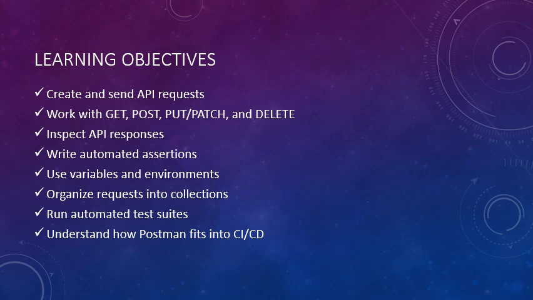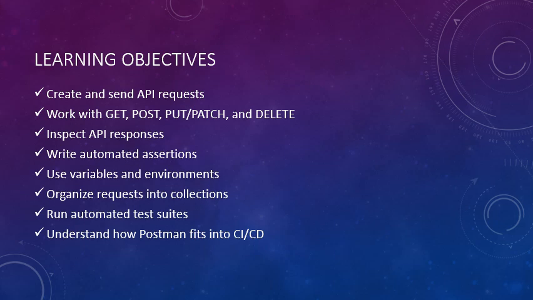We'll see how we can automatically verify that an API returns the correct status code, the expected data, and acceptable response times. Then we'll introduce variables and environments, which allows us to make our tests more reusable.